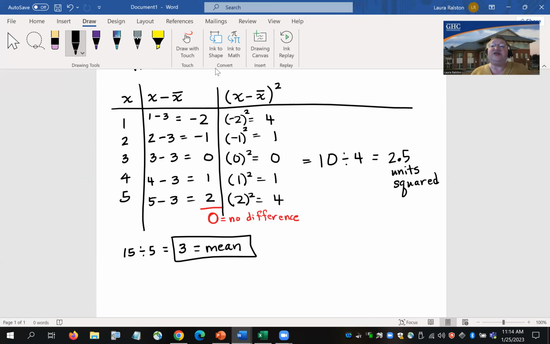Okay, so we want to compare the heights of 18 to 24-year-olds that live in the United States to those that live in Europe.